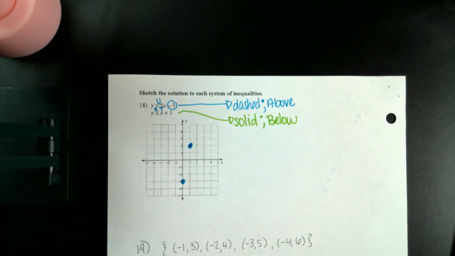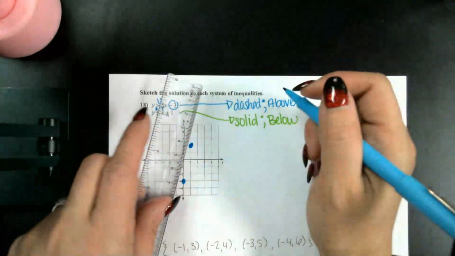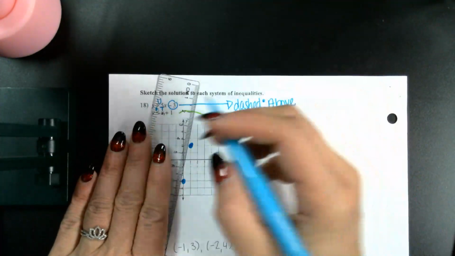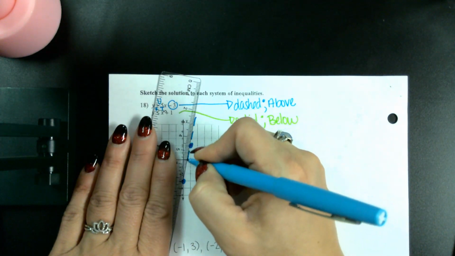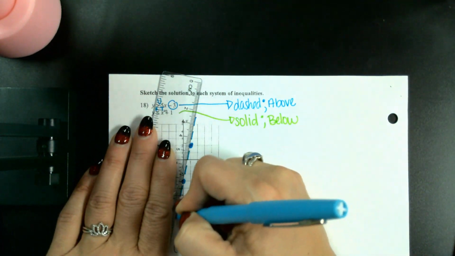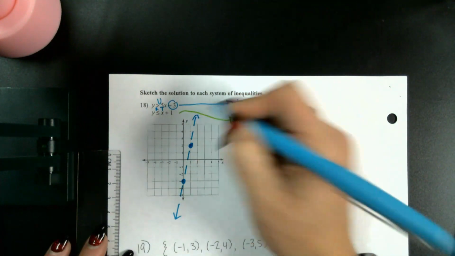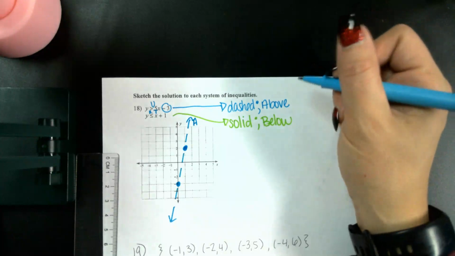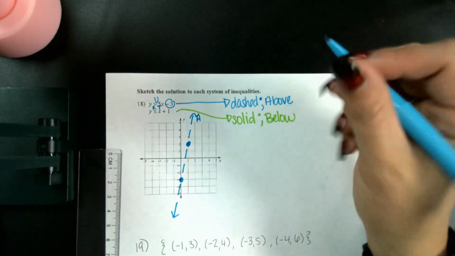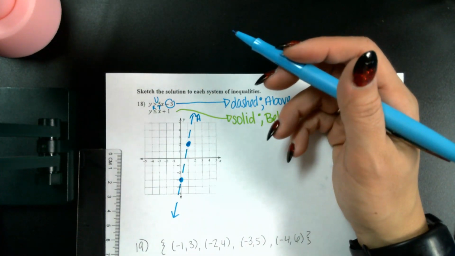When your slope is that big of a number, sometimes that's all you can get to fit. Now we said this one is the dashed one, so make sure when you put your ruler down, make dashes. Don't mess up like I did and make a solid line. And then I'm going to put the letter A next to that, just reminding me that I'm supposed to be shading above that line.